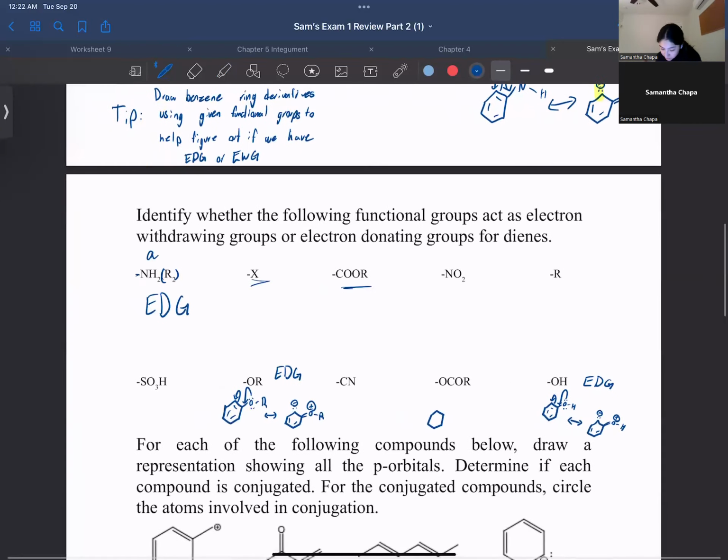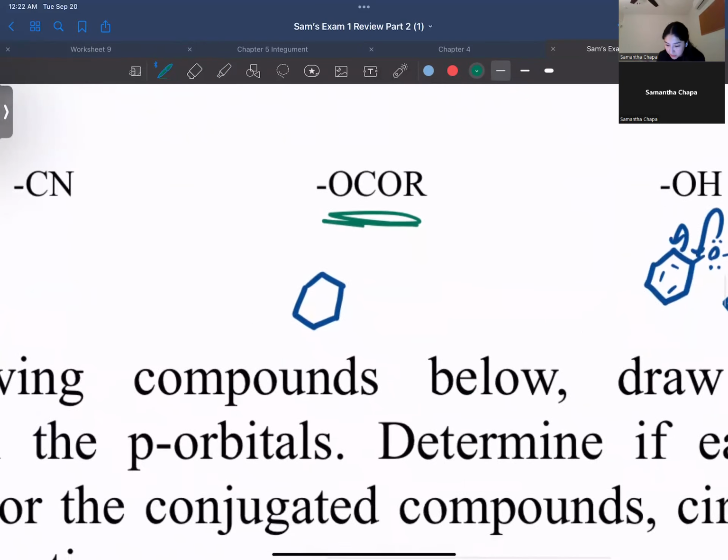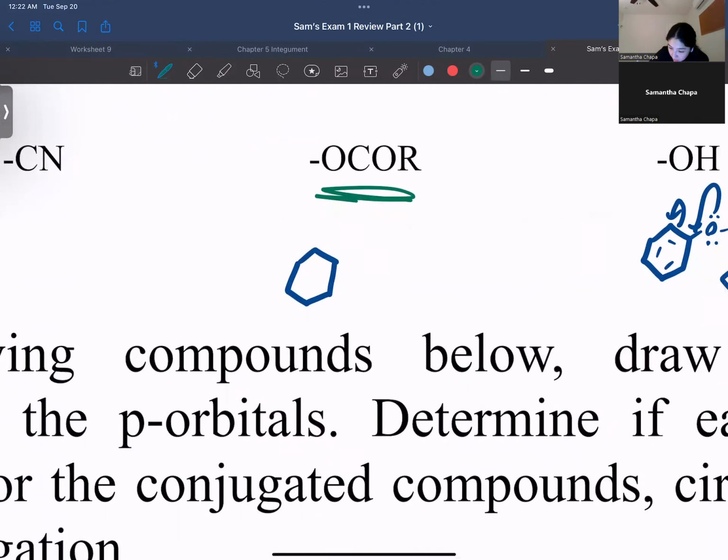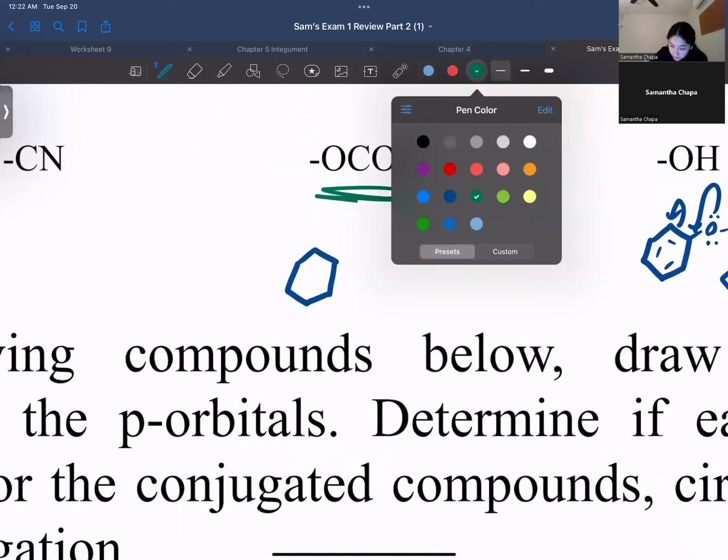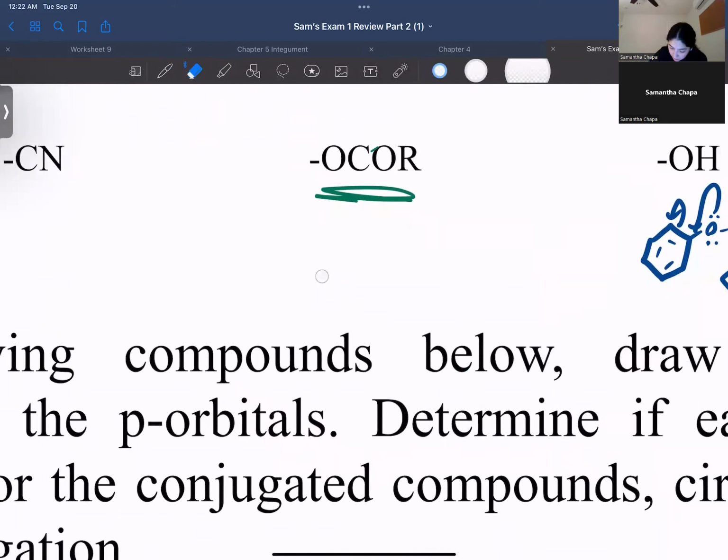Okay. I'm looking at these two now. I'm comparing these two since they look so similar, but the formula is telling you they're oriented in different ways. So the carbon atoms are in different positions and everything. So what I'm going to do is, again, draw my benzene derivative.